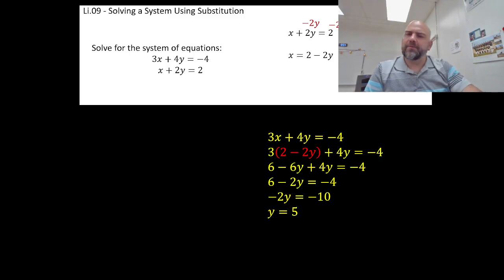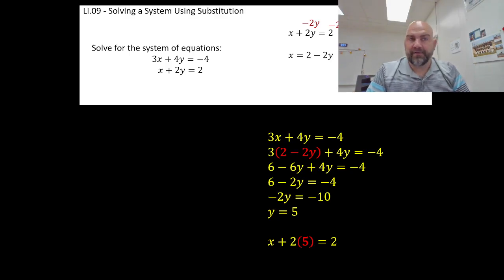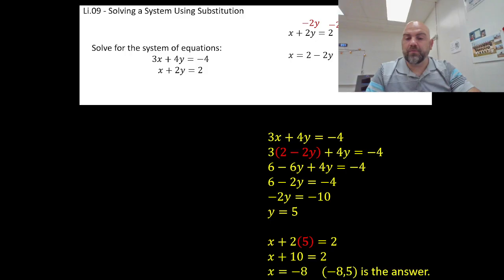Now, again, I'm going to try to take the easy one if I can, so I'm going to take the second one, and I'm going to substitute the 5 in for y. So it's 2 times y, but now I have it as 2 times 5. 2 times 5 is 10. We're going to subtract 10 and we're going to get that x is equal to negative 8. And so therefore we know that (-8, 5) is the answer to this question.